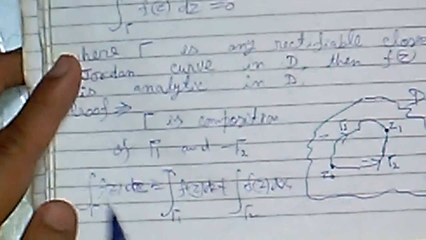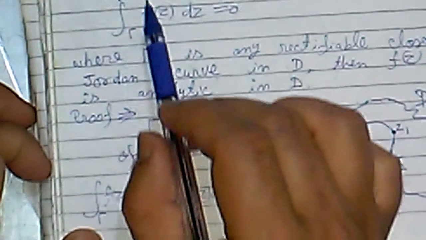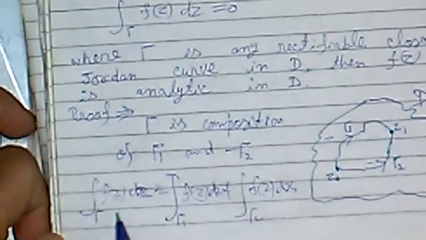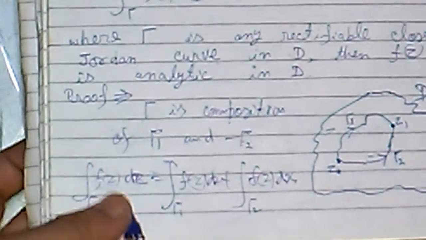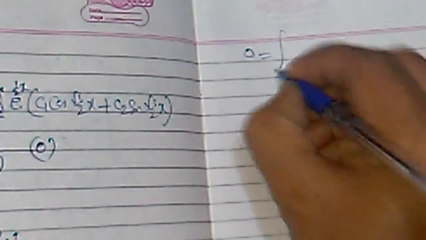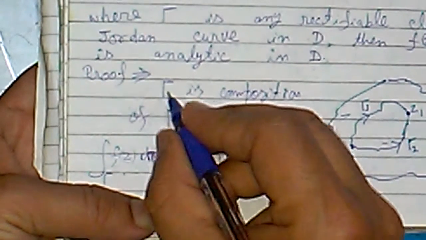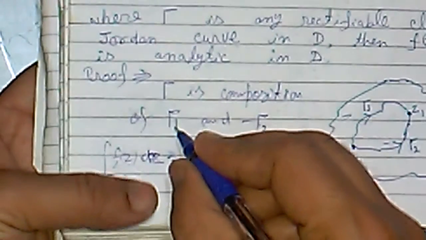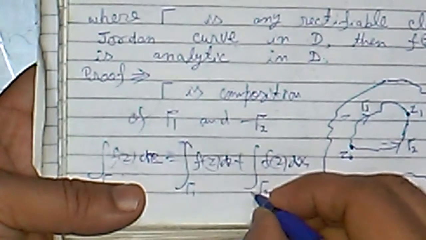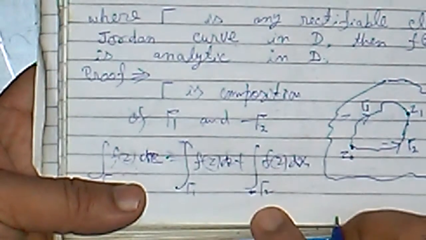What we are given is that the integral of f(z) dz is equal to 0, so we put 0 on the left-hand side. Here I made a mistake: we also said gamma is the composition of gamma 1 and minus gamma 2, so we write minus gamma 2 here. So correct it.